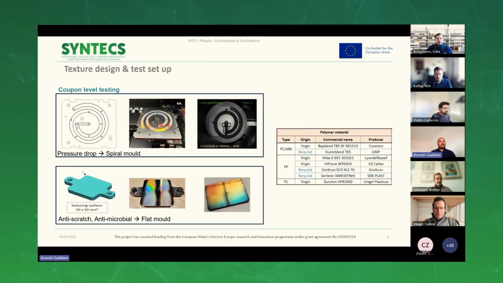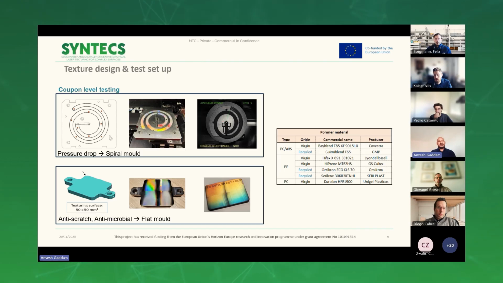So in order to achieve the pressure drop functionality, which is to reduce the injection molding pressure, as you can see from the very first image here on the top, a spiral mold is designed by one of the partners, IPC, and the spiral mold is textured with different configurations such as laser-induced periodic surface structures and hierarchical textures.